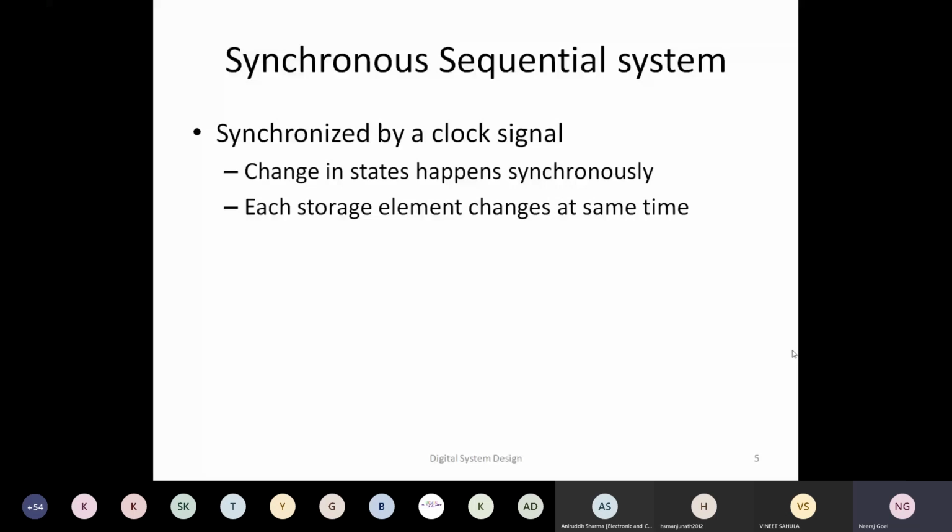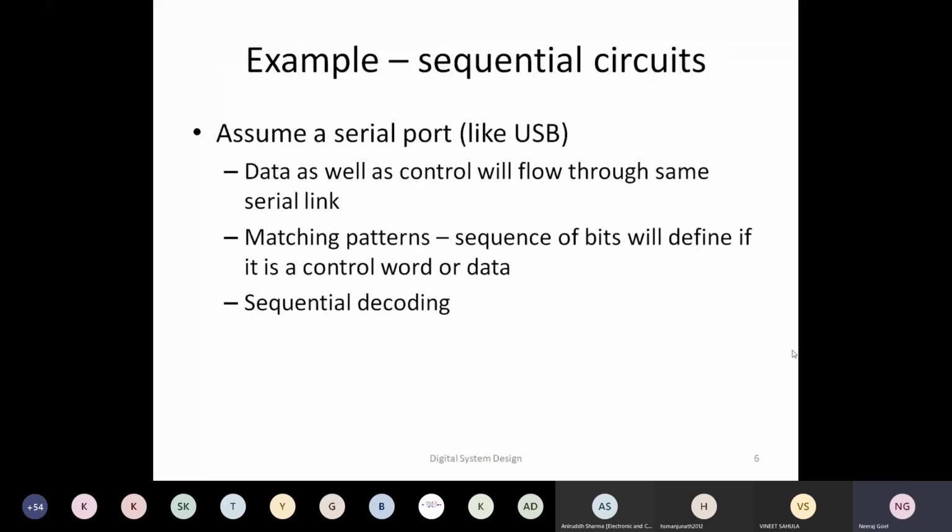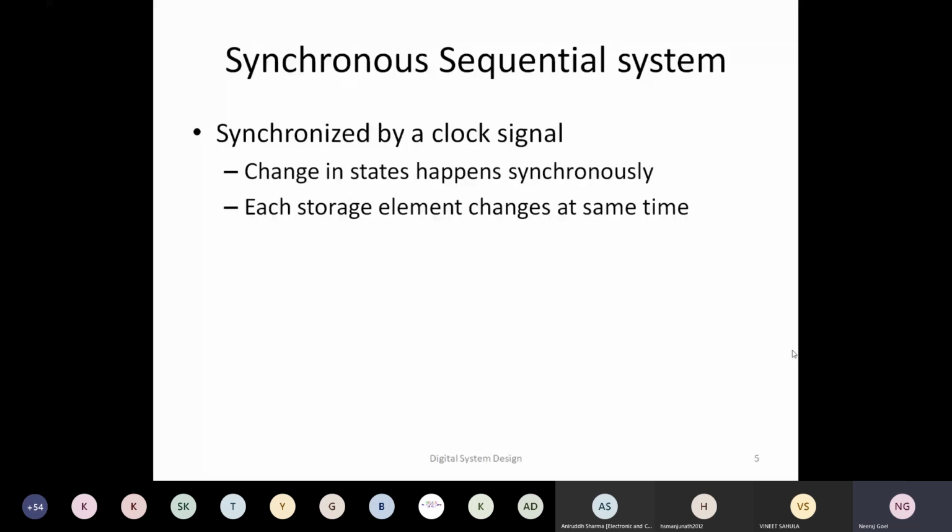If such synchronous systems are there, then you will get a definitive advantage, because they are more reproducible. They will always behave the same way.